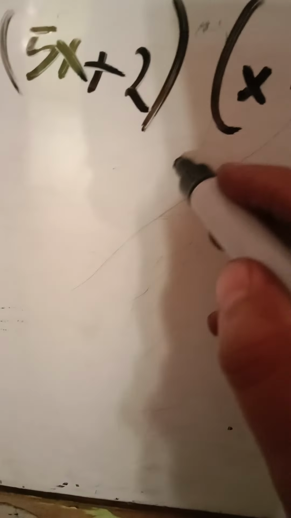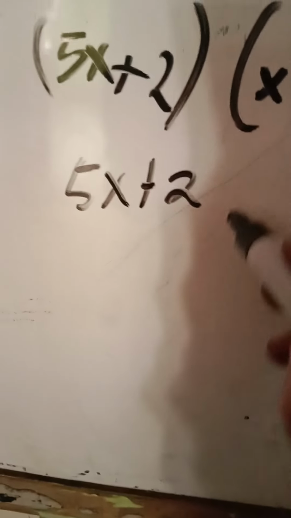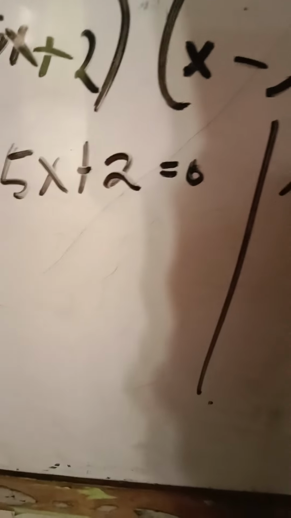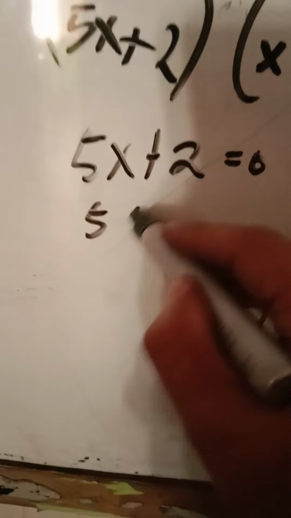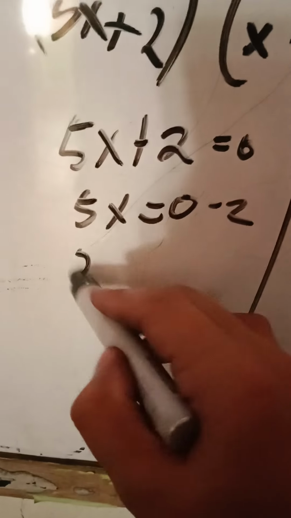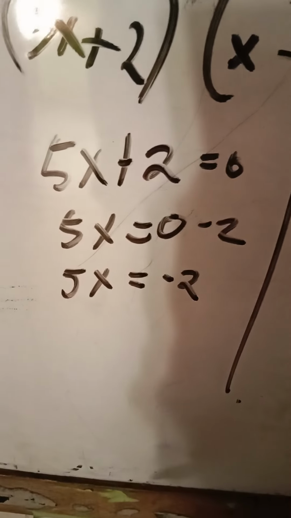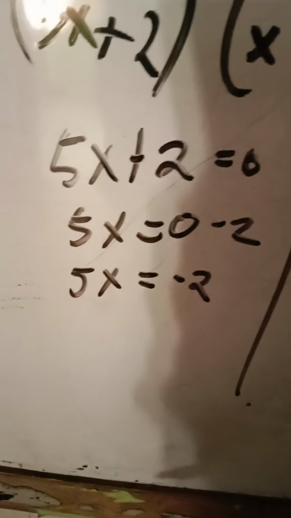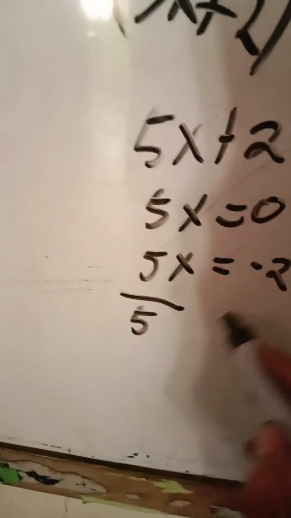So setting each factor equal to 0: 5x plus 2 is equal to 0 and x minus 3 is equal to 0. So 5x is equal to 0 minus 2, 5x is equal to negative 2. To eliminate the 5 in 5x, divide both sides by 5.